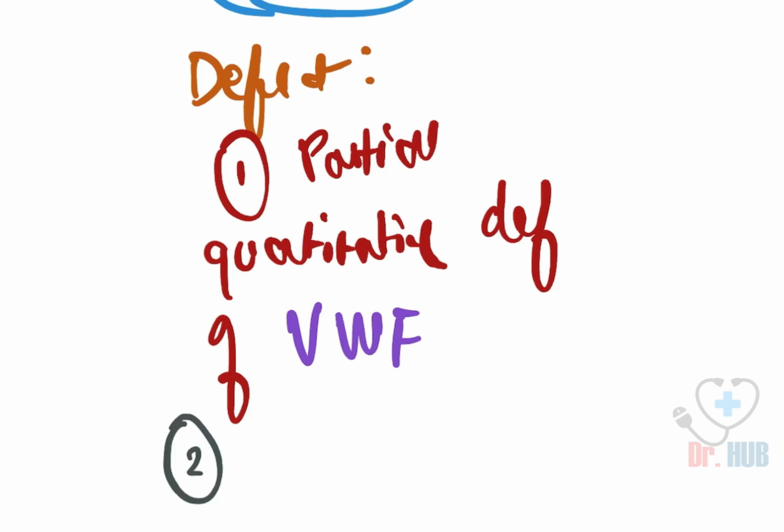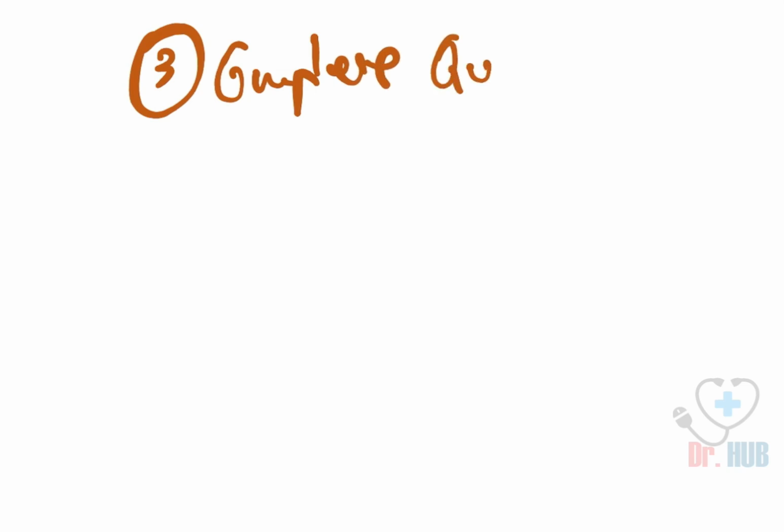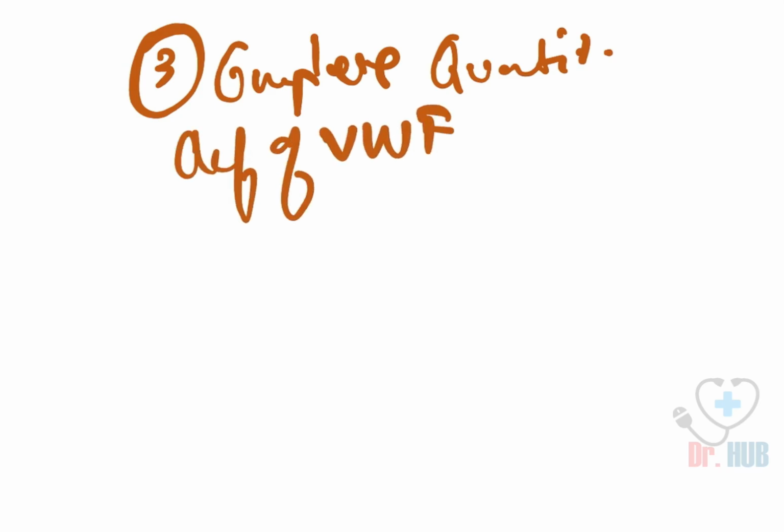Next, looking at type 2, type 2 has a qualitative defect of the von Willebrand factor, whereas in type 1 it was quantitative. So there are not just 2, there is another one, type 3. In case of type 3, there is a complete quantitative deficiency of the VWF, von Willebrand factor.